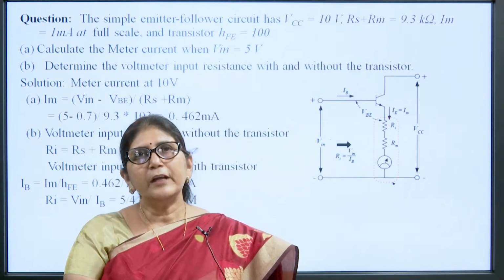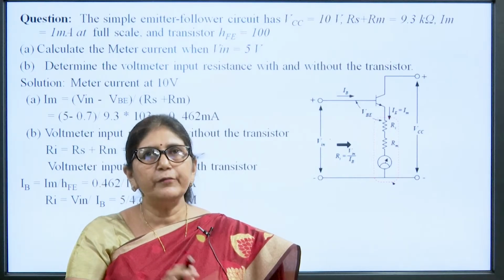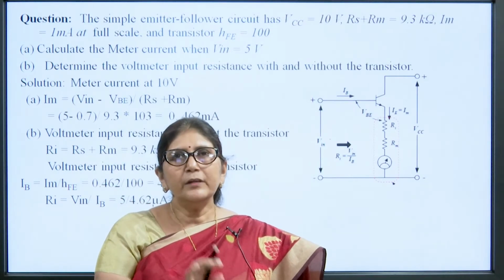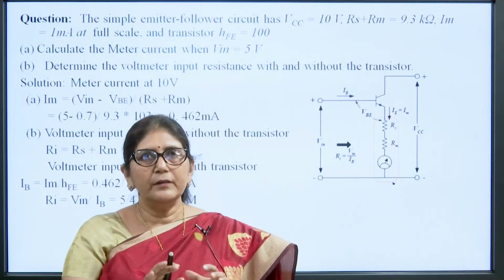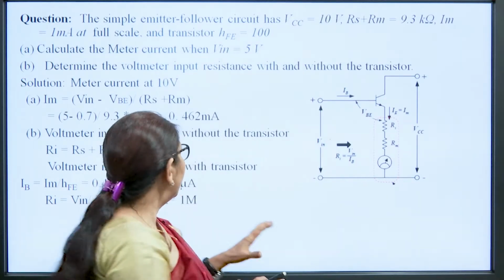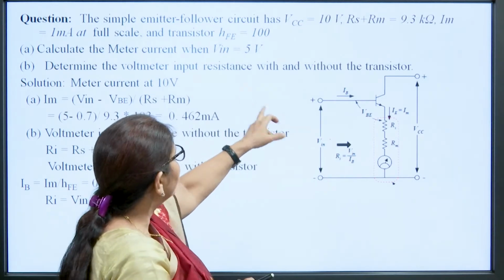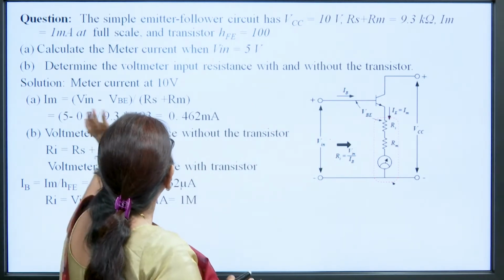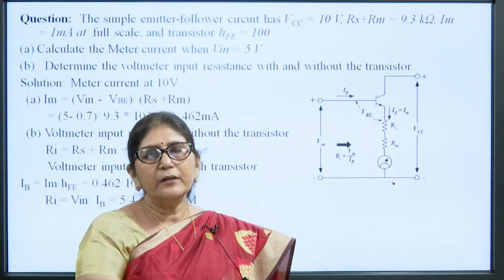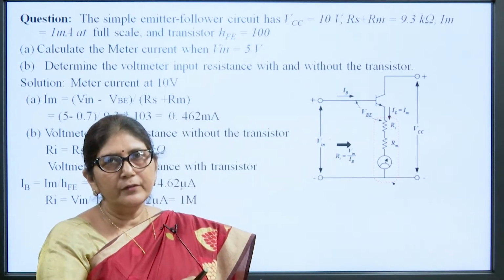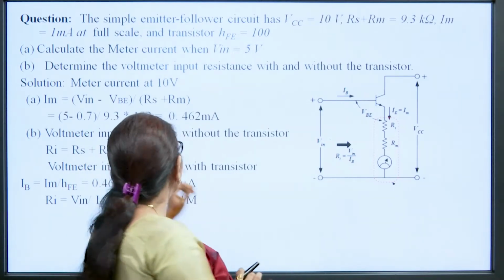First, we have to calculate the meter current when V input is 5 volt. Then, second, we have to determine the input resistance with and without the transistor. As we know, the input voltage for full scale is 10 volt.